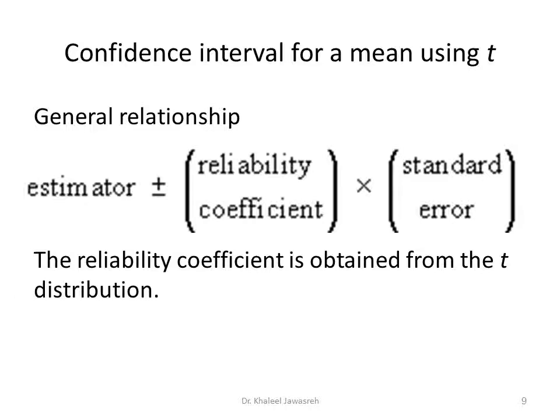The confidence interval for the mean using the T distribution, as we used in the Z distribution, has the general relationship: the estimator plus or minus the reliability coefficient multiplied by the standard error. This is the same formula used in the Z distribution, but here we use T tables rather than Z tables. The reliability coefficient is obtained from the T distribution.